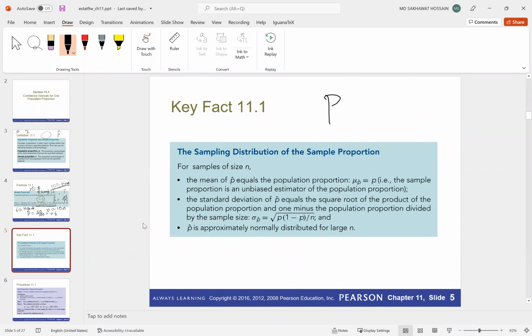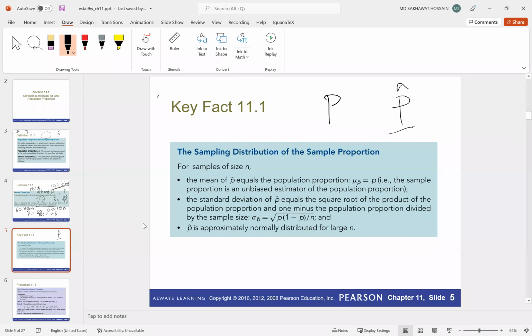Okay, since we'll make inference about the population proportion, we need to use a statistic, right? And we need to know the distribution of this statistic, which is called the sampling distribution. Here, to make inference about P, we'll use P hat. So here the statistic is P hat.